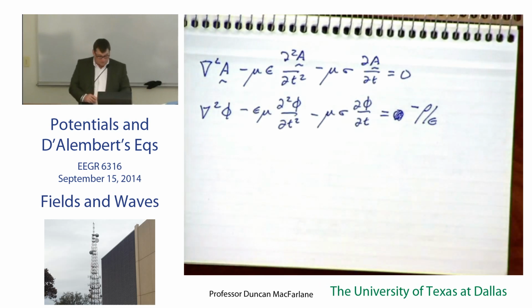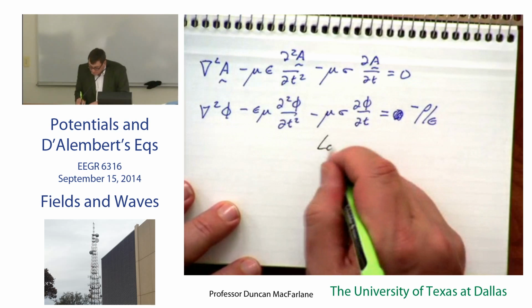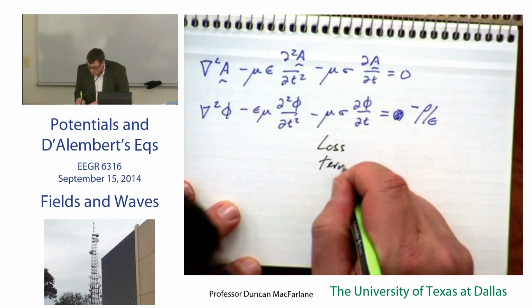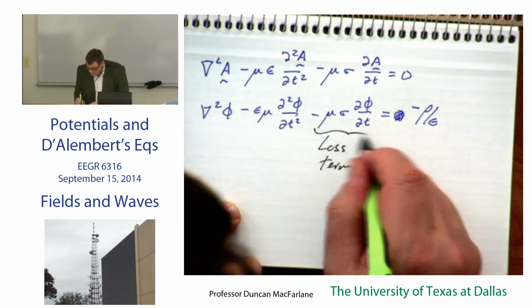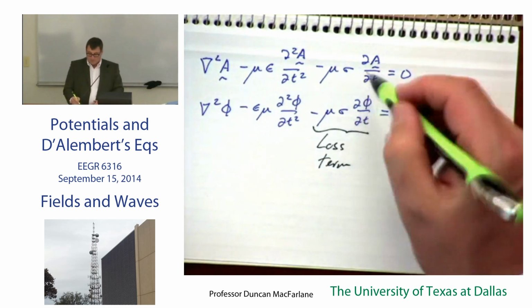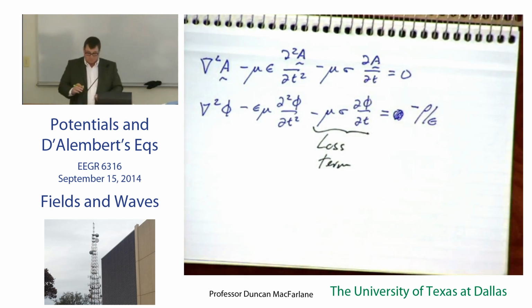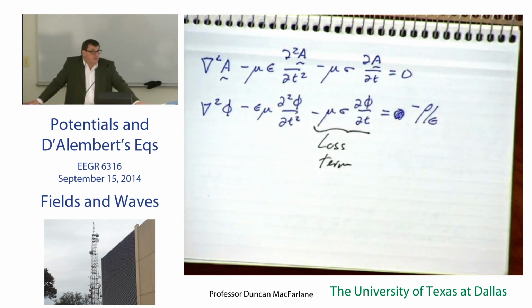It's always a loss term, in either of these equations. And we know that, right? Because it's got a conductivity in it. It's got a resistor in there.